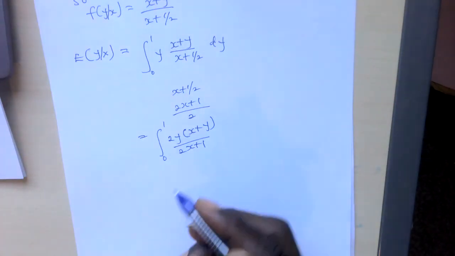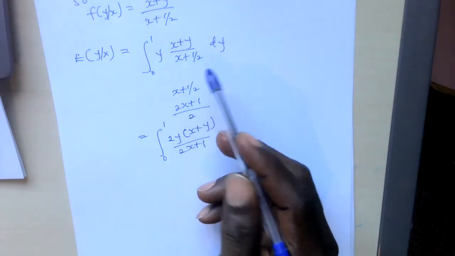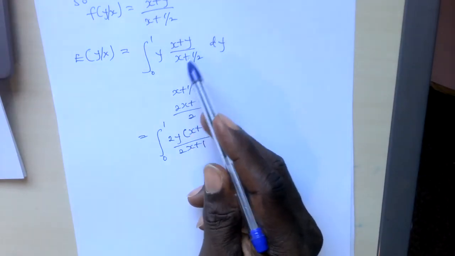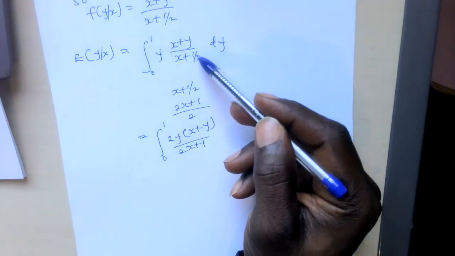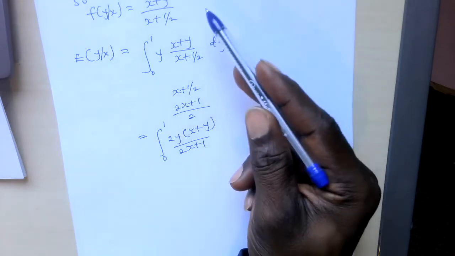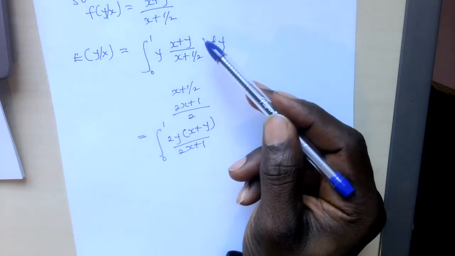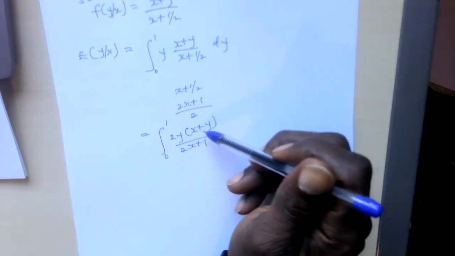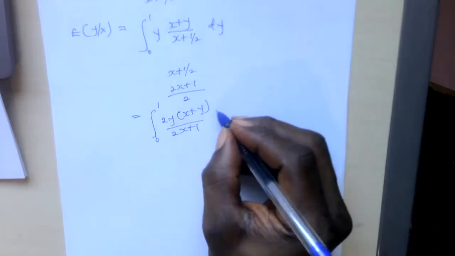This is just algebra. Add this together to get a single fraction, then divide by this: the 2 goes up, the 2x plus 1 comes down, then multiply the 2 by x plus y, and you get this. dy.